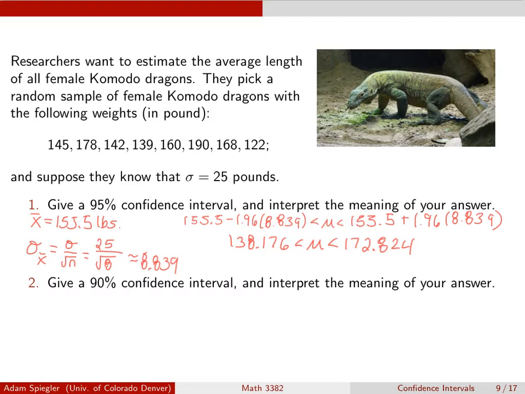Alrighty, in part B, they're now asking us to give a 90% confidence interval. So we're changing the success rate. What's not going to change in this process is that we still have the same sample, and since our sample is the same size, the standard error of the sampling distribution is going to be the same. But now we're requiring a lower threshold on our interval.